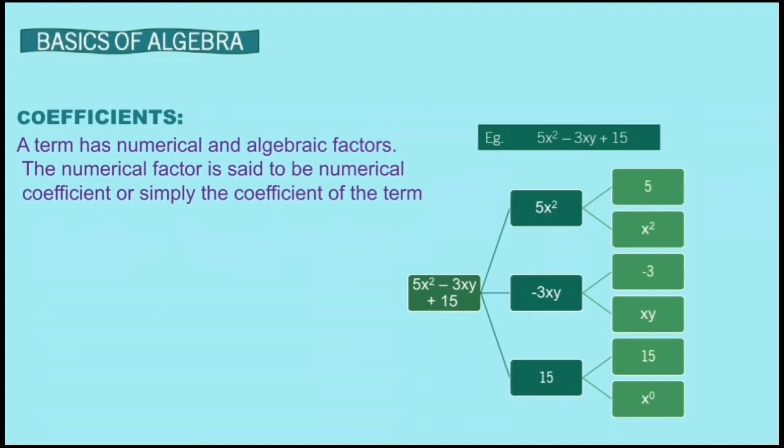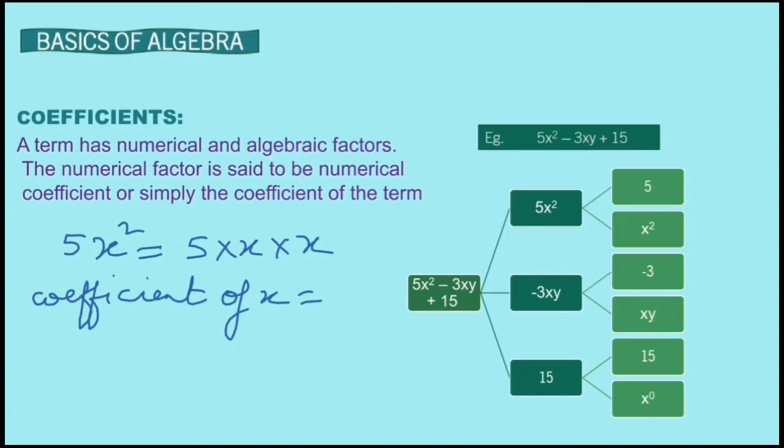Children, the word coefficient is used in other terms also. For example, in the term 5x squared, I can break the factors and write it as 5 into x into x. Now if I want to find out the coefficient of any part of this term, I will take the remaining factors. Like coefficient of x will be 5 into x, that is 5x.